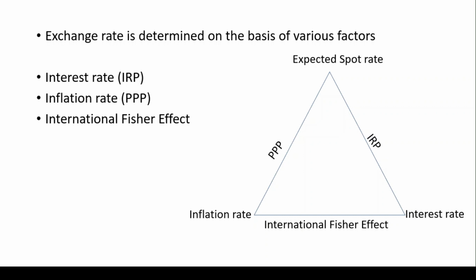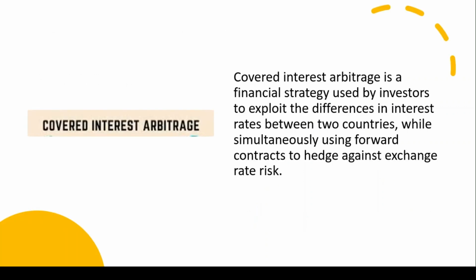Before we discuss more, it is important to understand what covered interest arbitrage is. Covered interest arbitrage is basically a strategy used by investors where they try to exploit the difference between the interest rates of two different currencies, and at the same time hedge their position in a derivatives instrument.